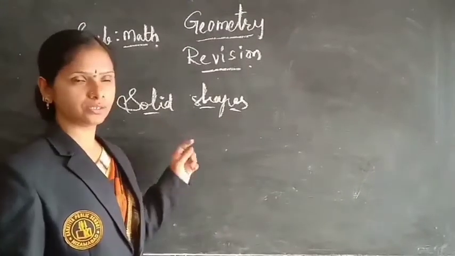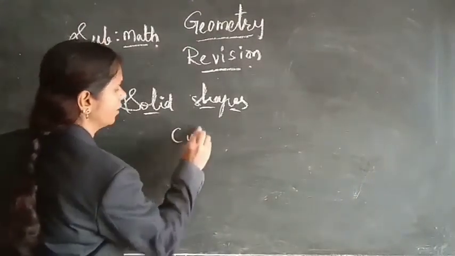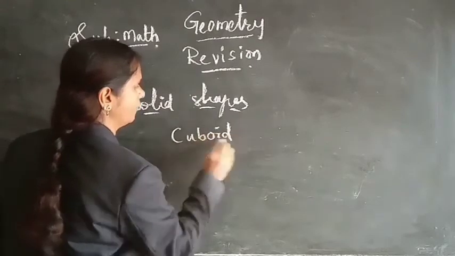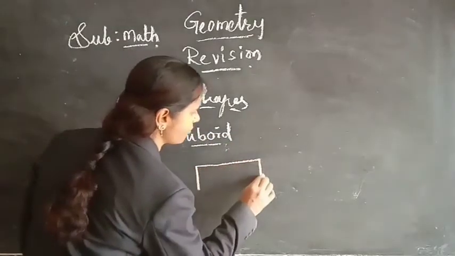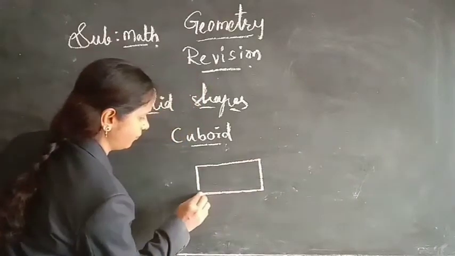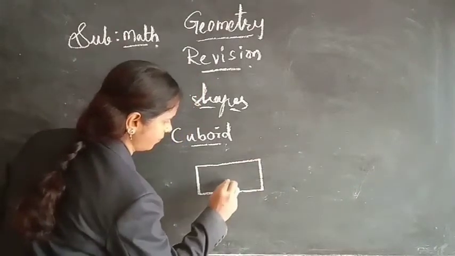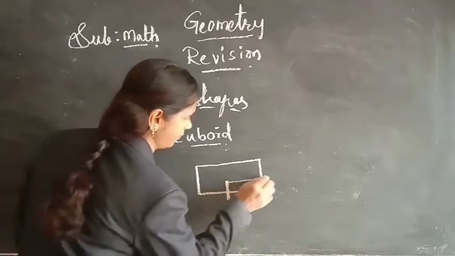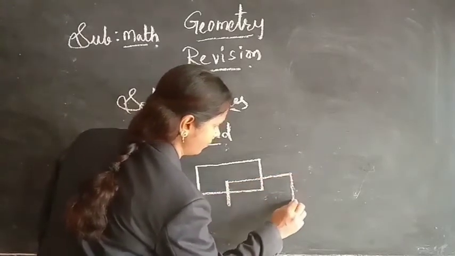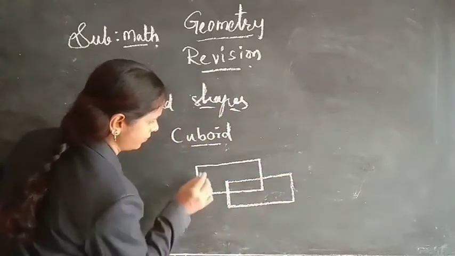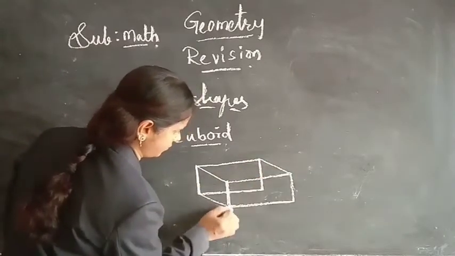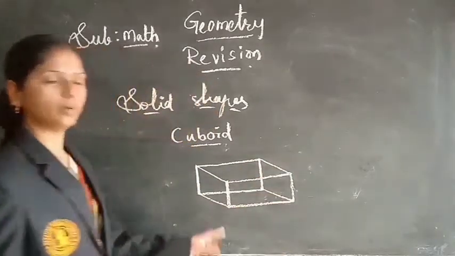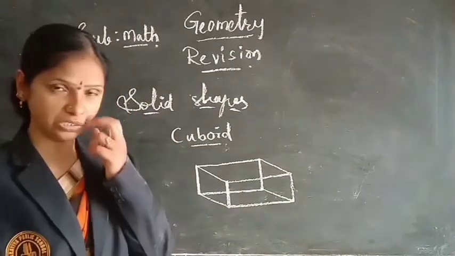Yes, children, next solid shape is cuboid. Here you can see the shape of a cuboid. A cuboid is a combination of rectangles and squares, children.